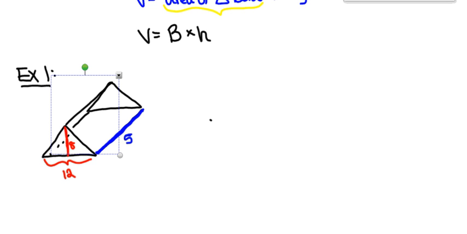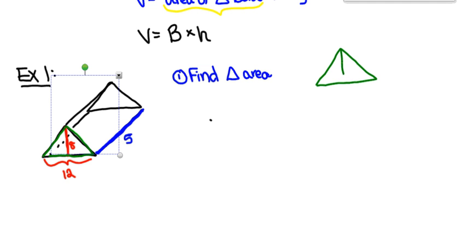So the first thing that I'm going to do is find the area of that triangular base. And if it's helpful, draw the triangle. So here's my triangle. I've got 8 and I've got 12. And I should put a little right angle in there to indicate that that is indeed the height.